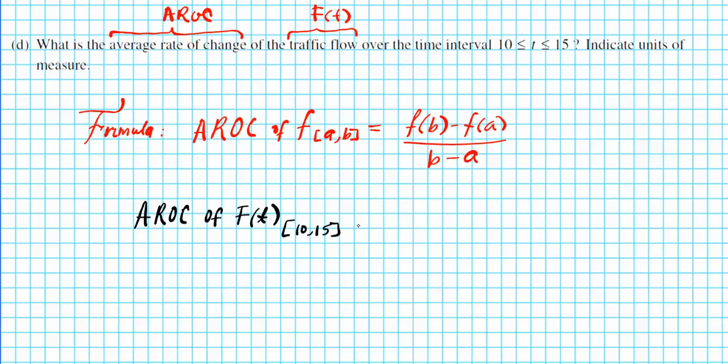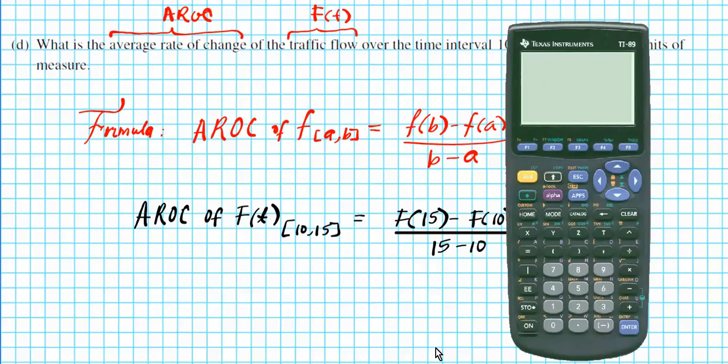In this scenario, a is 10 and b is 15, and f is uppercase F. So we're going to look at f of b, which is f of 15, minus f of a, f of 10, divided by 15 minus 10. And this will help us find what the average rate of change is.